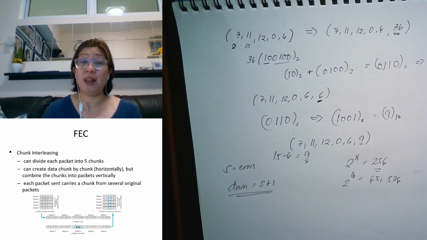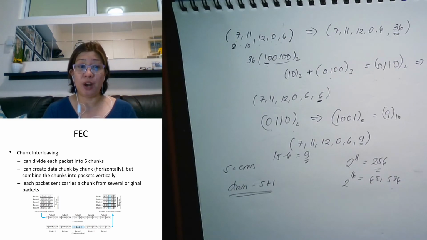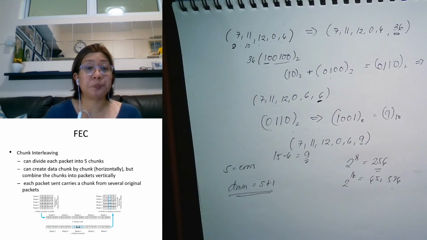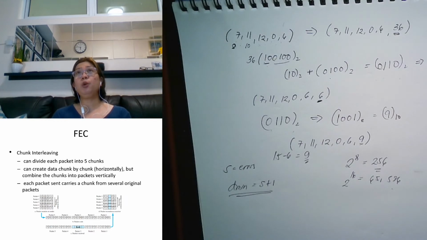We can allow small chunks to be missing at the receiver, although we cannot afford to let all the chunks belonging to the same packet be missing. Just one or two, for example. So what do we do in chunk interleaving from the figure?